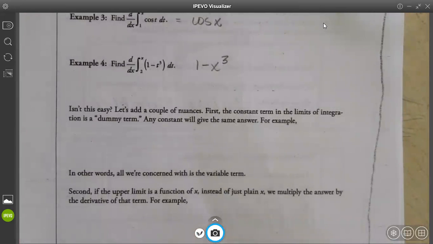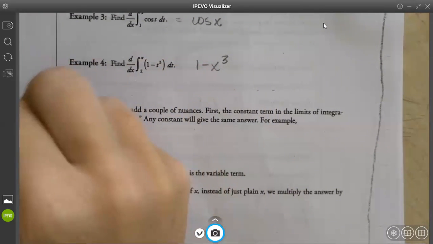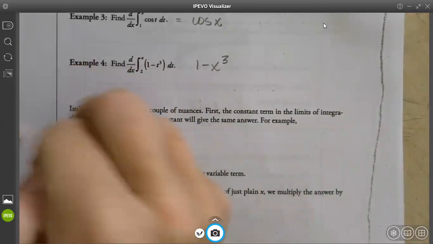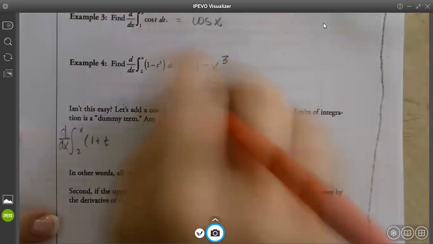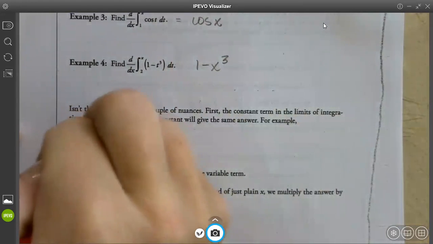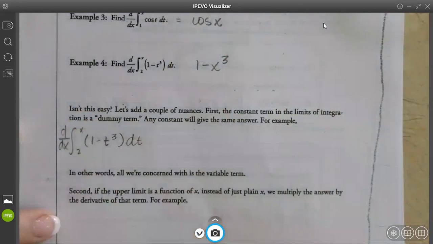So then this next one just says any constant will give us the same answer. So we had a 1 in the first one, a 2 in the bottom one. If we do d over dx, the integration from 2 to x of 1 minus t squared, no, t cubed, doesn't matter, dt.